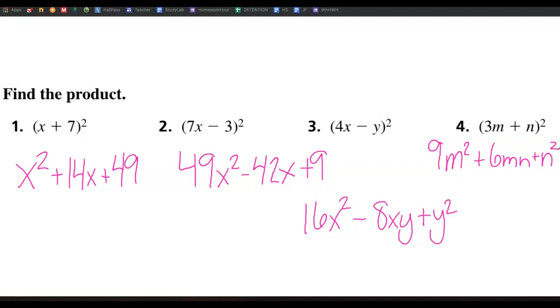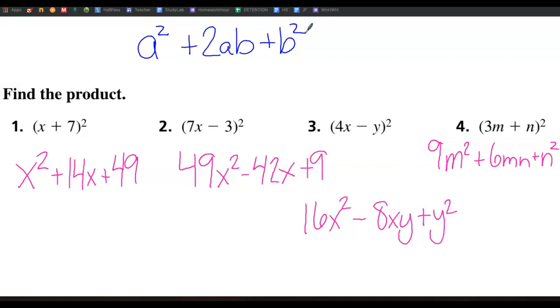Yes. Okay. Want to know a cheat sheet? Yes, please. Okay, so let's look at number 2.